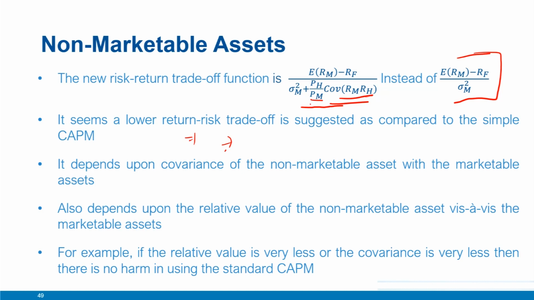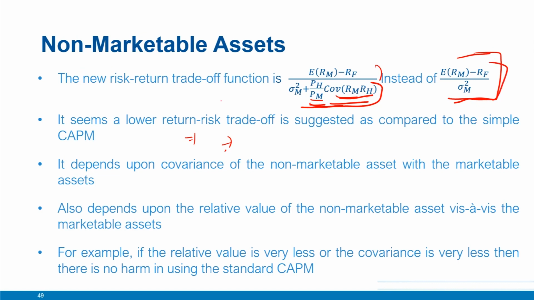And therefore, if you look at this term on an overall basis, this would be a positive number. PH upon PM is a positive finite number. Covariance is also a finite number, and as we said, it is positive, for all the reasons we discussed. And therefore, this risk-return trade-off, or price of risk, is lower than that assumed by the standard version of CAPM.